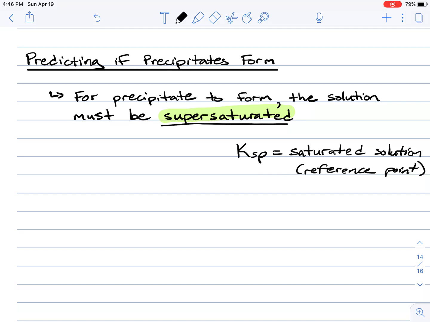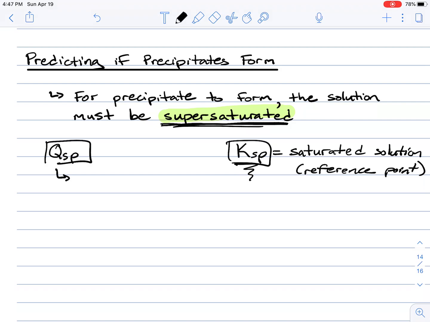And if we want to assess whether or not a solution is supersaturated or unsaturated, we need to compare the value of Qsp to another value. What we're going to compare it to is Ksp. So to determine if the solution is supersaturated, saturated, or unsaturated, we're going to compare Qsp and Ksp.